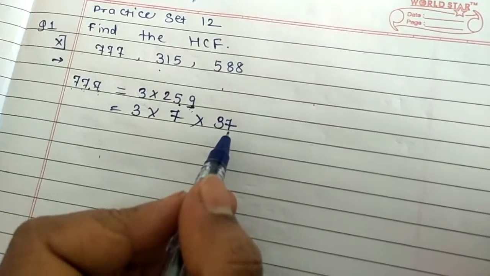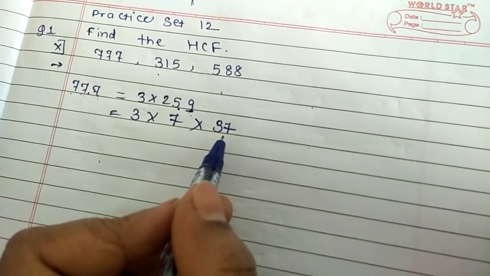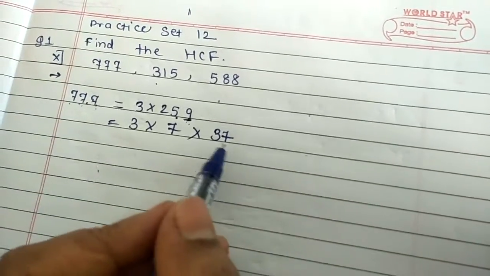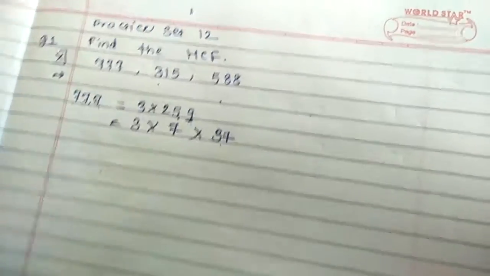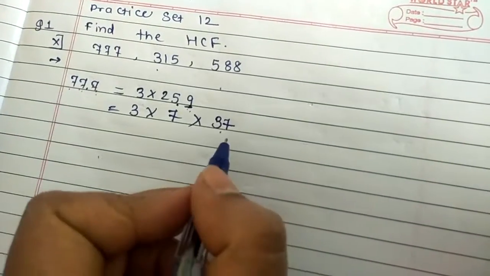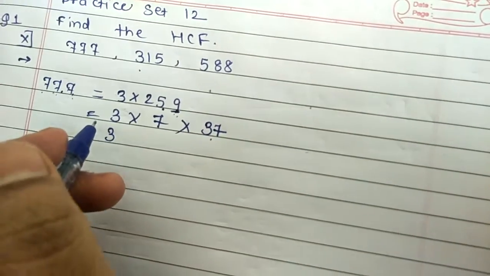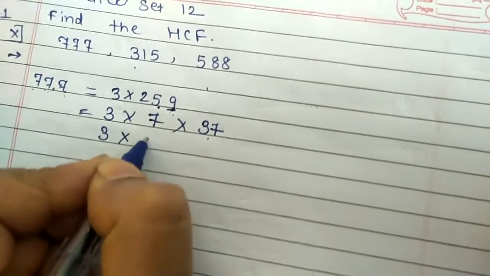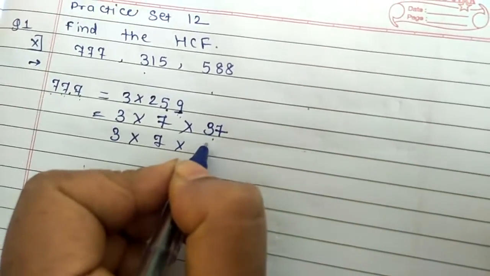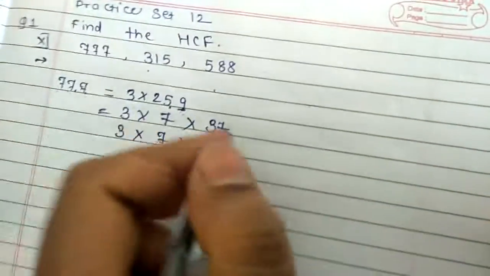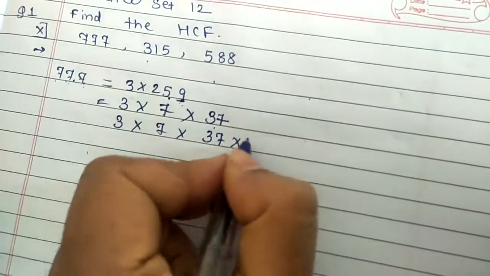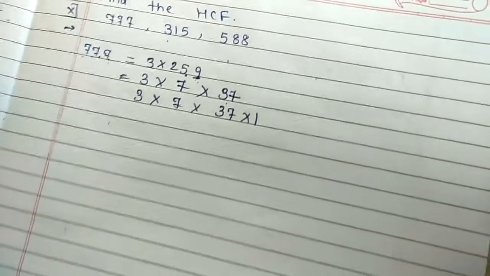No, because 37 is a prime number, so we can't divide that one. So the next, एक को divide नहीं कर सकते, तो we divide by 1. So here the last is nothing but 3 into 7 into 37. Now we are going to divide by 37 only. So 37 1s are 37. So it is the last one.